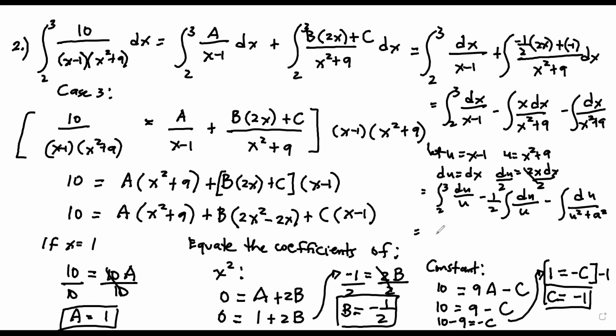So integral of du over u is ln. Ang u natin ay x minus 1, minus 1 half. Integral of du over u is ln u. Ang u natin, x squared plus 9. And the integral of du over u squared plus a squared is arctan.